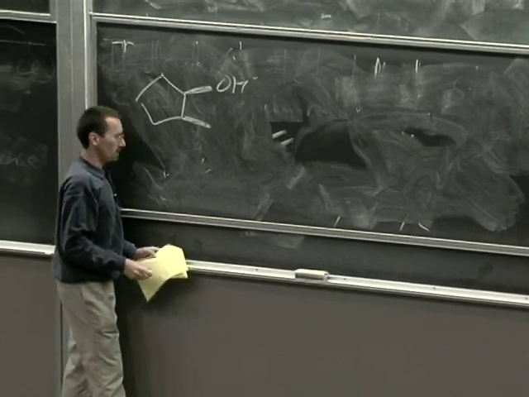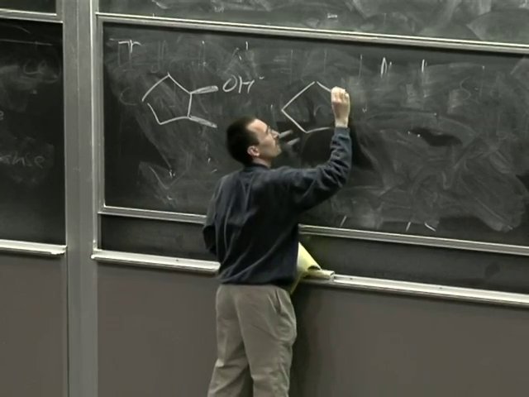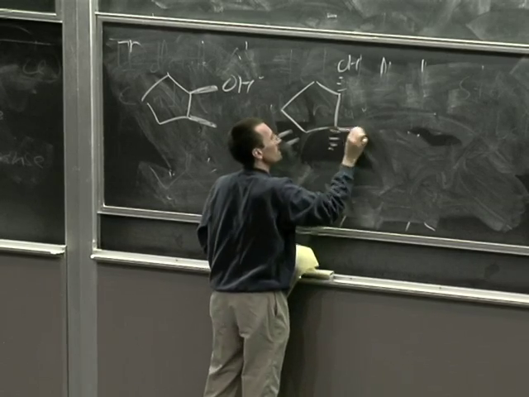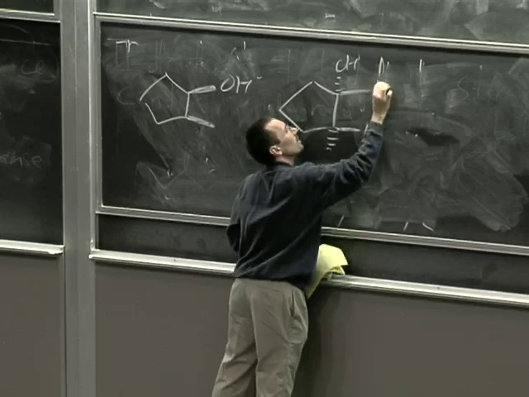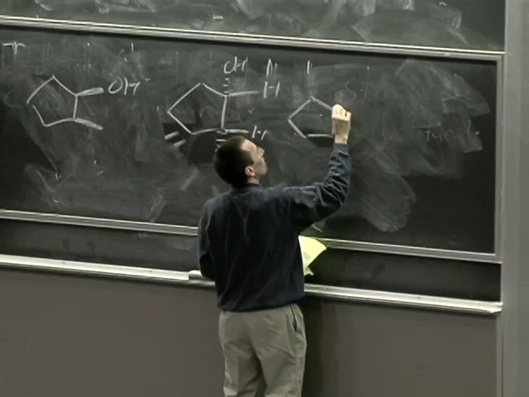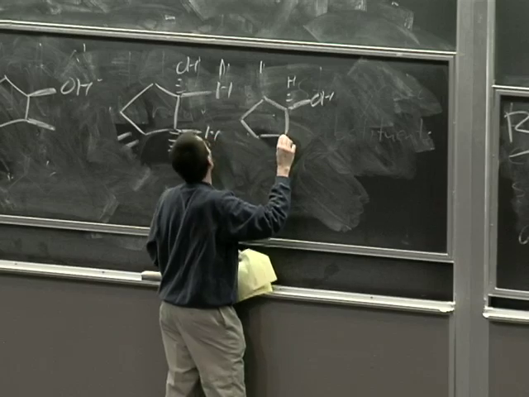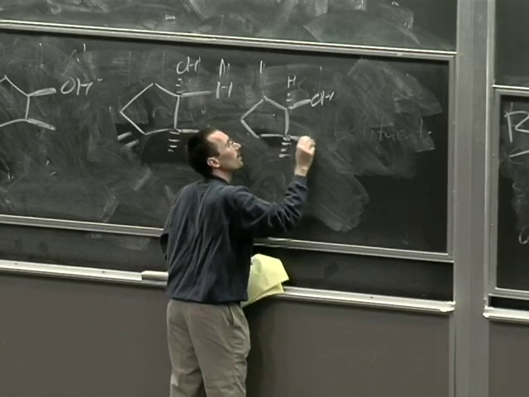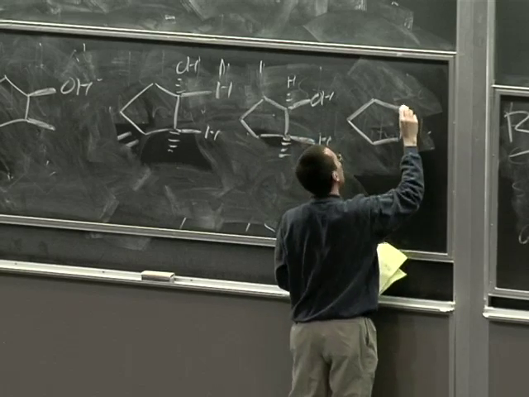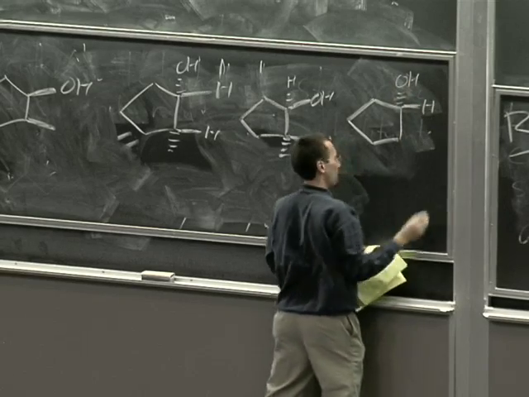All right, last time we drew some structures of cyclopentanol, of methylcyclopentanol, and I want to show you a trick. Last time I permuted the stereochemistry and drew out 4 different molecules. And I called them A, B, C, and D. I think I drew them like this.